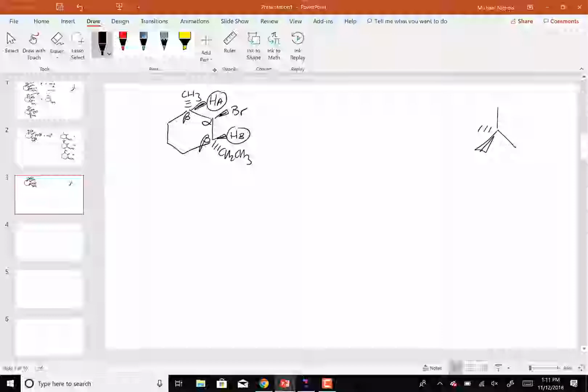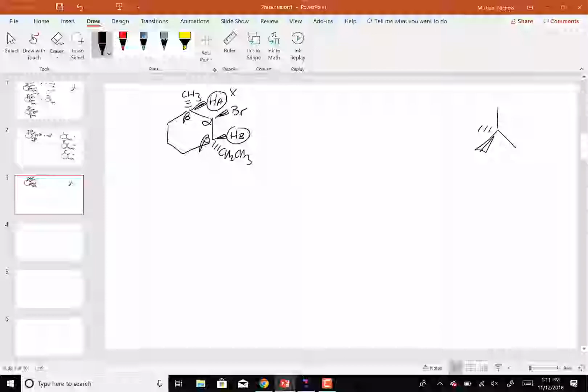My next question is, can HA be lost in an E2 reaction? No, because it's not trans to the bromine. So I cannot remove HA. How about HB?